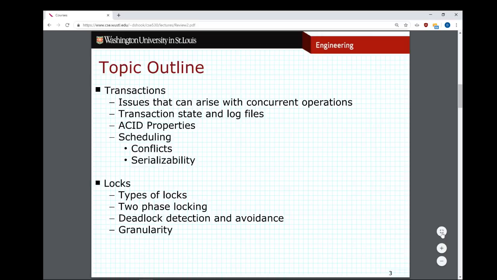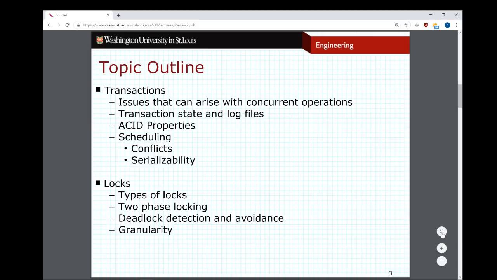Yes. So just to clarify, would an intention lock itself ever be used to lock something, or is that just to notify anybody who is trying to get the actual read or write locks further down? It's more the latter. If I have an intention lock, that's actually not enough for me to perform an operation on an item. I have to have the actual read or write lock to make that happen.